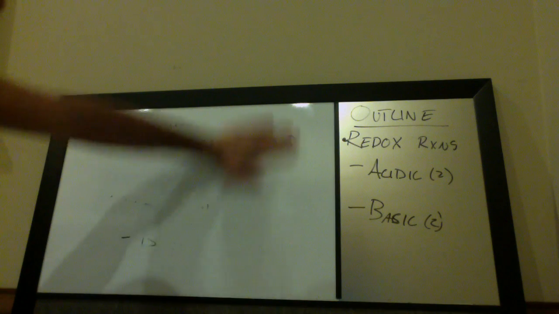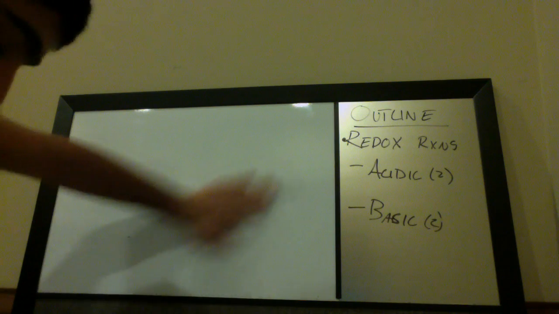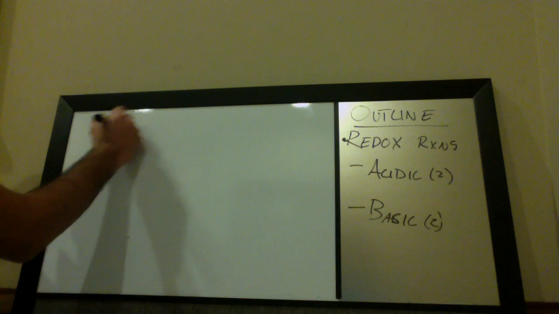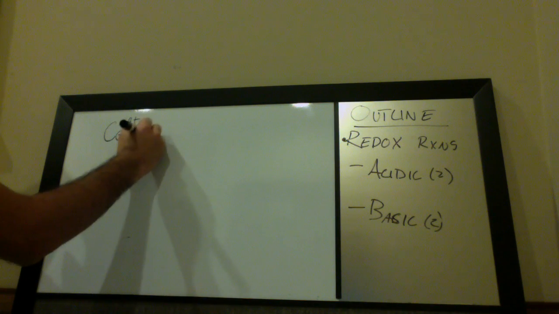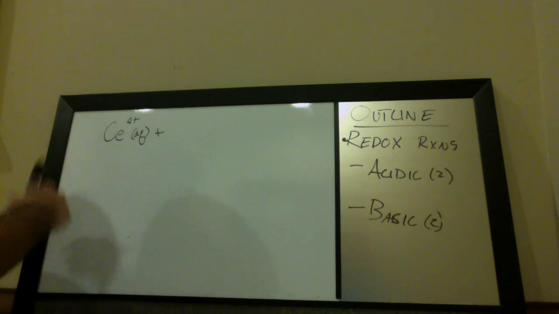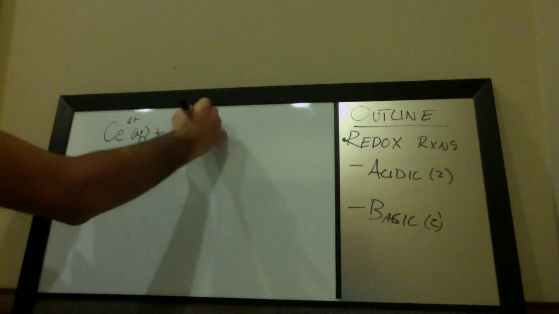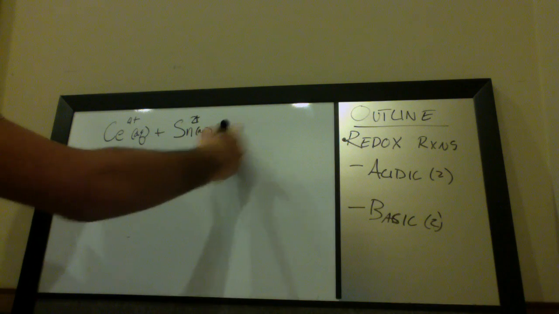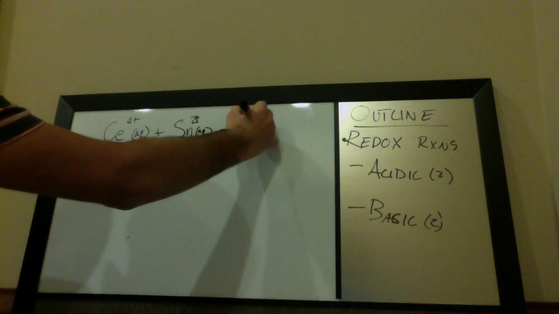Now how to go about solving a problem is a little bit more complicated. So let's say I have cerium 4, that's Ce 4 plus, aqueous, and then I have a tin 2 ion, so that tin is Sn, 2 plus, aqueous, and then in fact it goes to cerium 3.